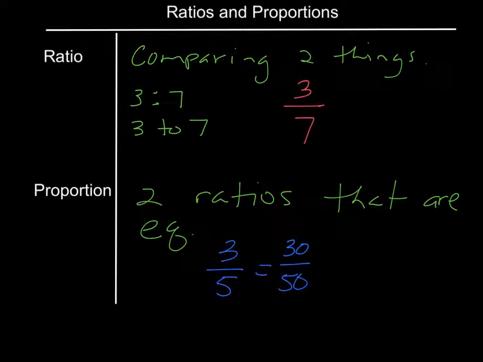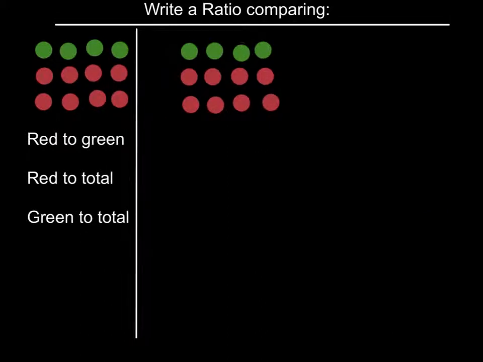Now let's take a look at some problems. Here we have some data, and we're going to write ratios. I'm going to write a ratio that compares the red dots to the green dots. The order matters. Since it says red first and then green, I have to write my ratio so that I do red first, then green.